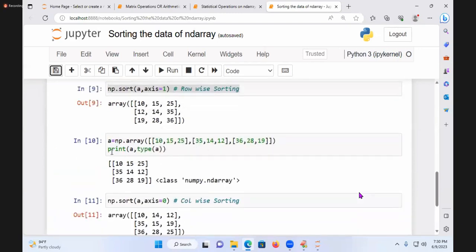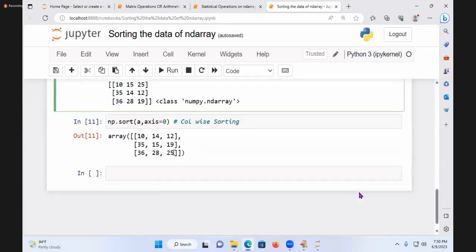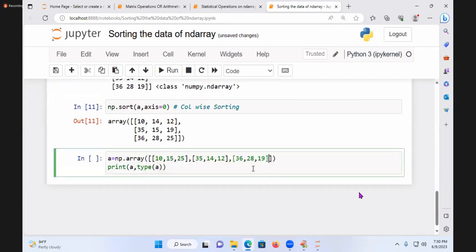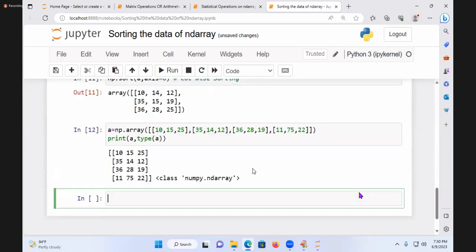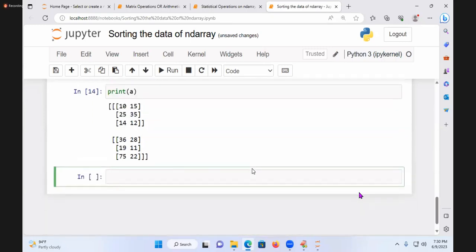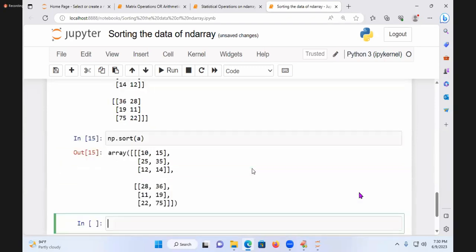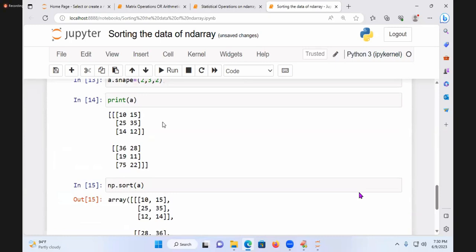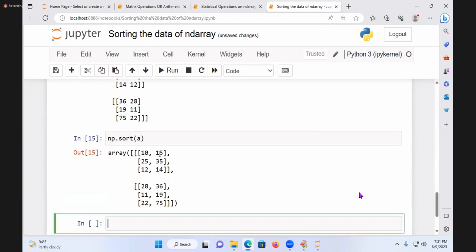If we take some more elements, something like 11, and something like 75, and something like 22, and print this one, with A dot shape equal to 2 comma 3 comma 2, then print A. Now go for NP dot sort of A. See how it is sorted: 10, 15, 25, 35.